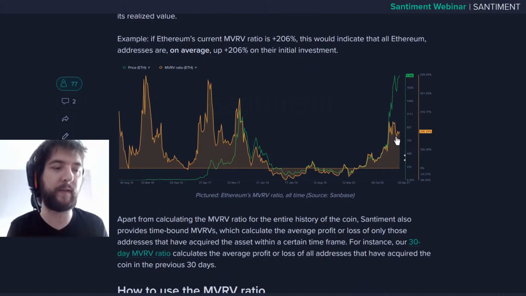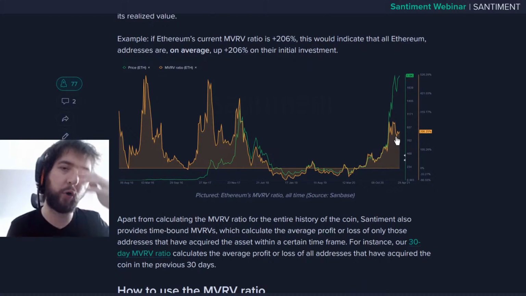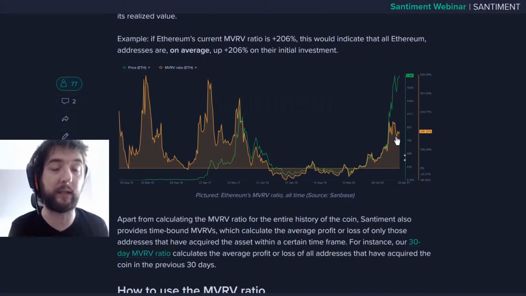Now, keep in mind, obviously, that MVRV assumes that all of the transactions on the network are speculative in nature. So every time that the coin moves, MVRV assumes that it was a purchase. That's why sometimes these average profits or losses are going to be fairly skewed, but the general trend stays the same.